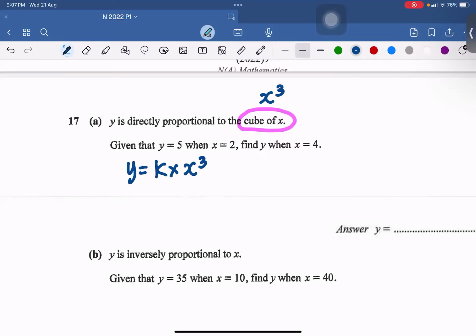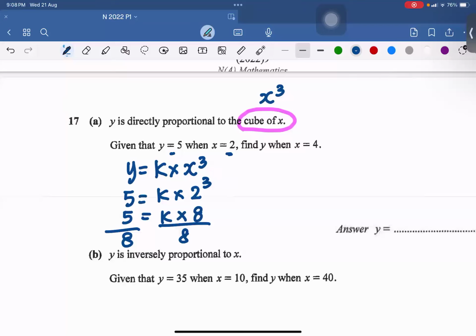Y equals 5, x equals 2 cubed. 2 cubed is 8. How to get rid of 8 and only want the number K? Divide by 8.